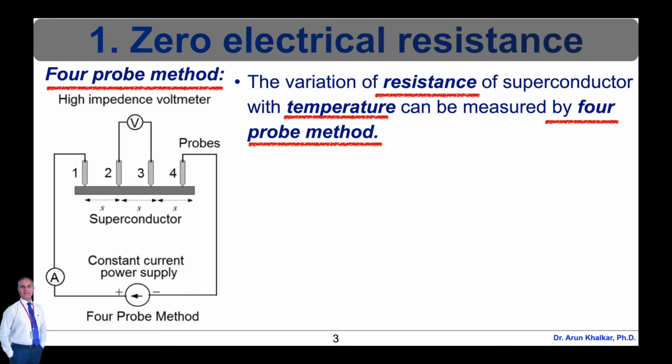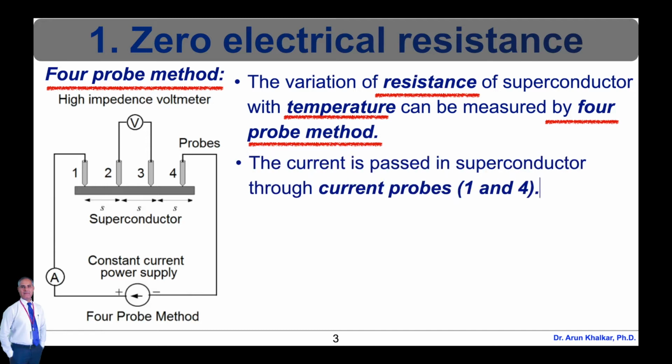The simplest method to measure the electrical resistance of a sample of some material is to place it in an electrical circuit in series with a current source I and measure the resulting voltage V across the sample. The variation of resistance of a superconductor with temperature can be measured by the four-probe method.